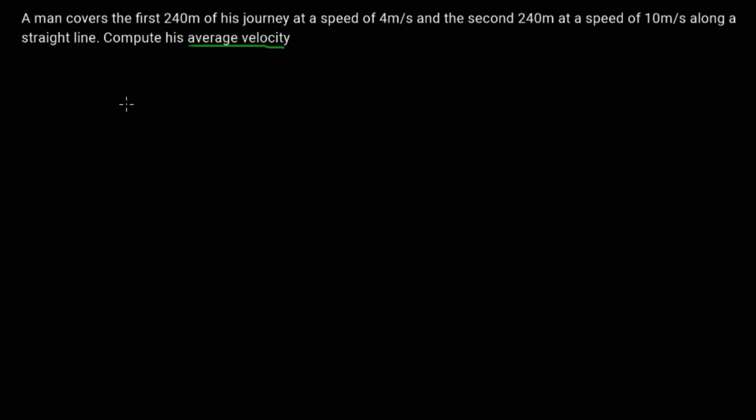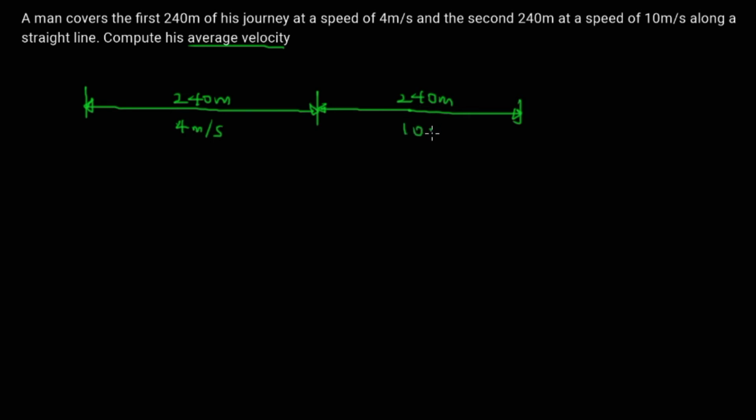Now let's have a diagram. Let's say this is the first 240 meter of his journey, which he covered at a speed of 4 meters per second, and then the second 240 meter he covered at a speed of 10 meters per second, along a straight line.